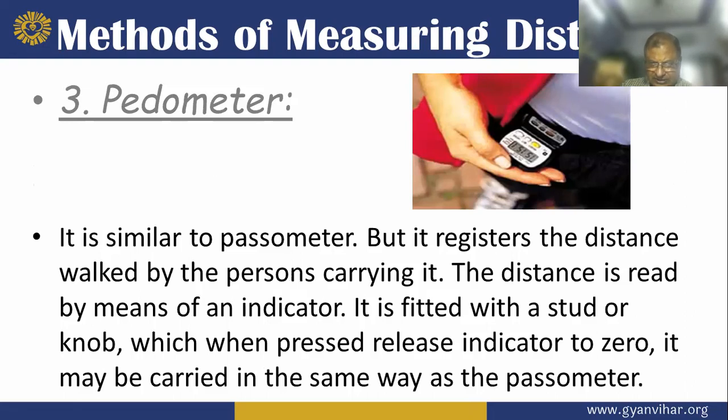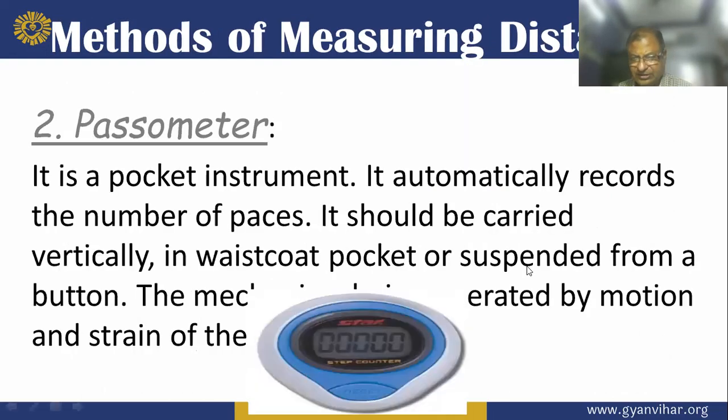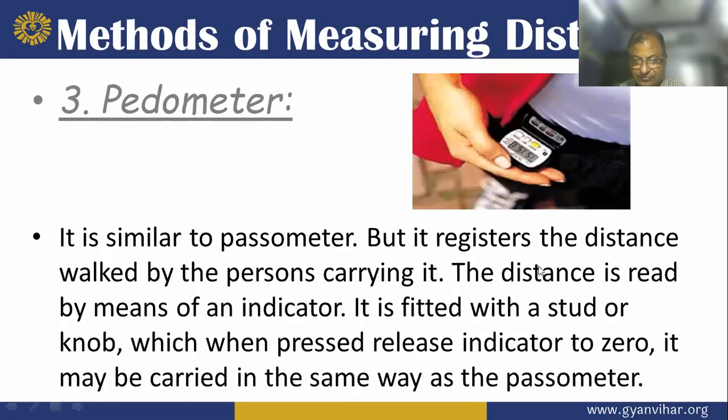It is tightened with the stud or knob when placed at rest on the ground. It is carried in the same way as the barometer, and when pressed, it releases the indicator to zero.